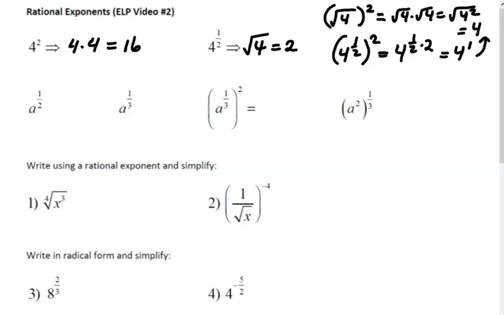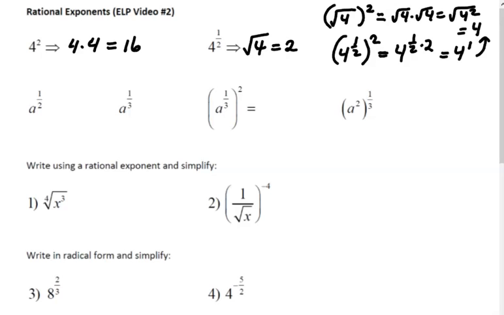So using rational exponents is another way to work with radicals. And sometimes it's easier than working with the radicals themselves, because then you just have to remember how you work with exponents. And instead of learning 2 sets of rules, basically you're just applying exponents in a different way.